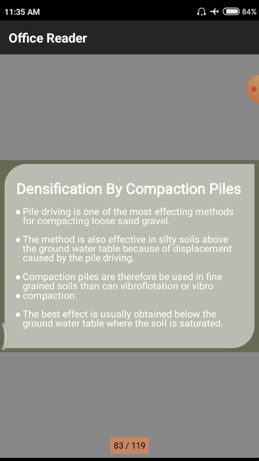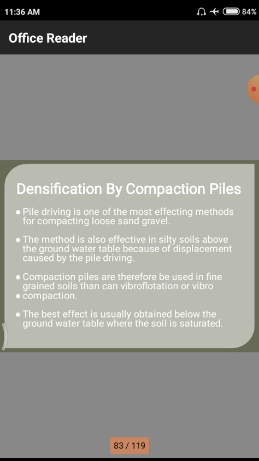Dewatering means we need to remove the total quantity of water present in the soil to strengthen soil properties and parameters like soil bearing capacity, liquidity index, plasticity index, swelling index, and shear capacity of the soils. All those we need to remove.